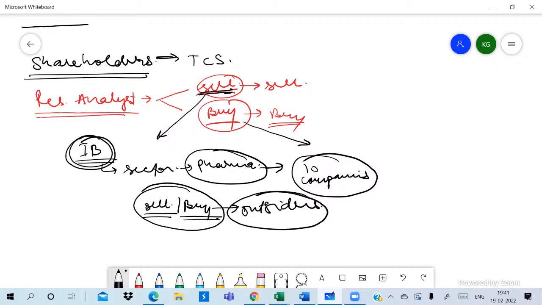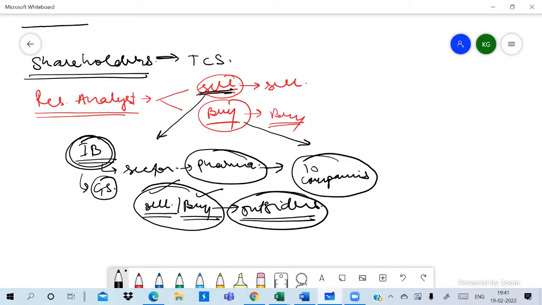So let's say I buy your research report, which was written by Goldman Sachs. So you are working with Goldman Sachs, which is an investment bank. I am an outsider and I buy your research report, and you have said buy Sun Pharma. I go through your research report and I feel that it's authentic and I buy the stock. Or maybe you've said sell Dr. Reddy's and I feel that it's authentic.